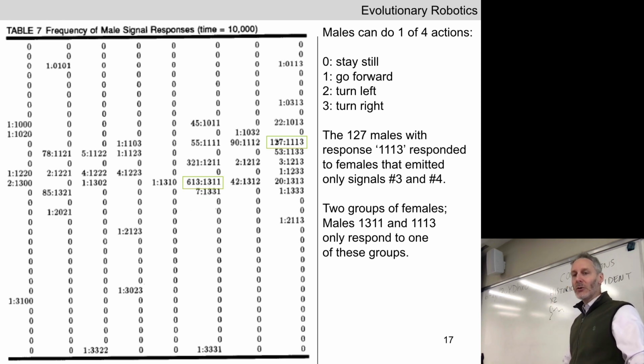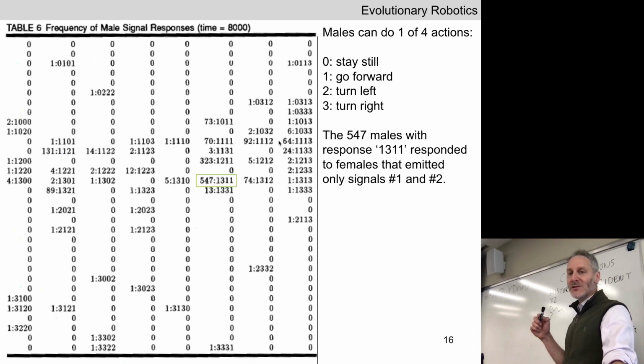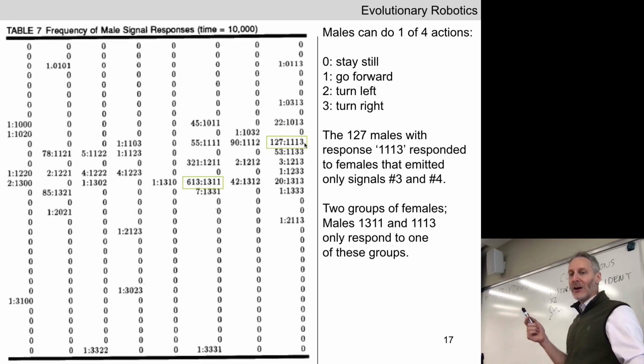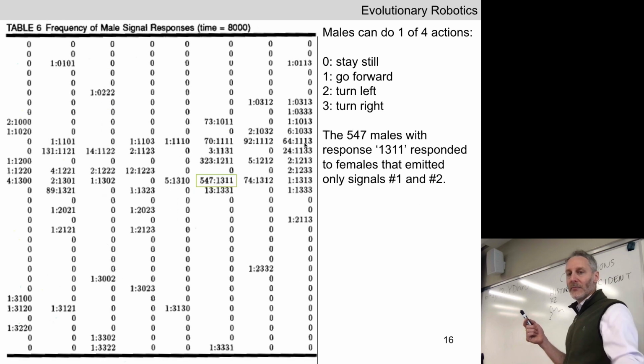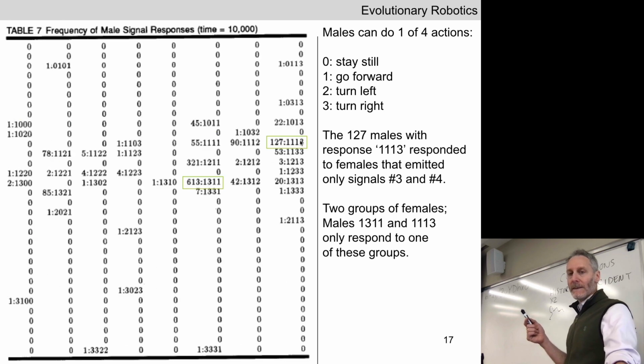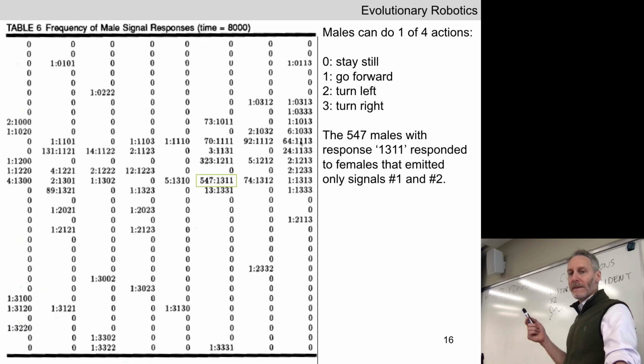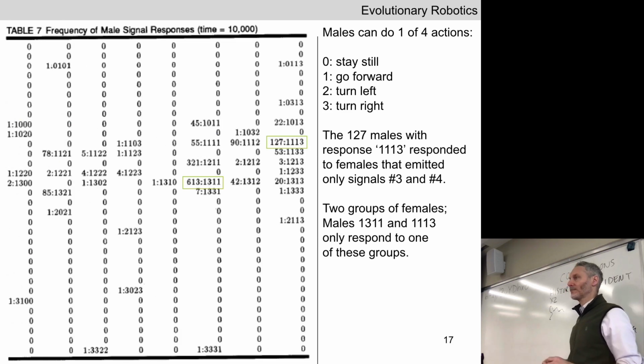There is now a growing group up here. I'm going to flip back and forth between 8,000 time steps, 10,000 time steps, 8,000, 10,000. Keep an eye out for the 1113. What's happening?